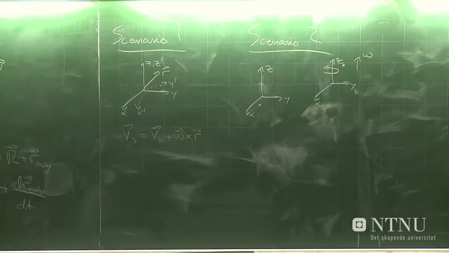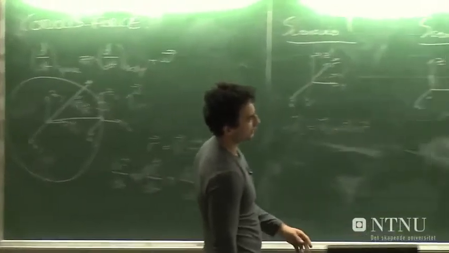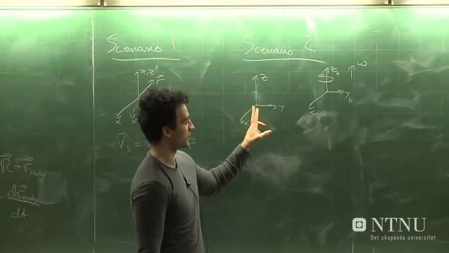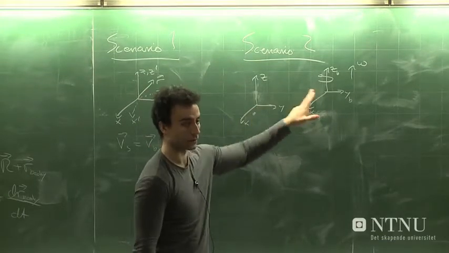And consider now the second case, which we have illustrated here, in which we have still a rotating system, but now the origo is different from this one. So there's a vector connecting the origos.